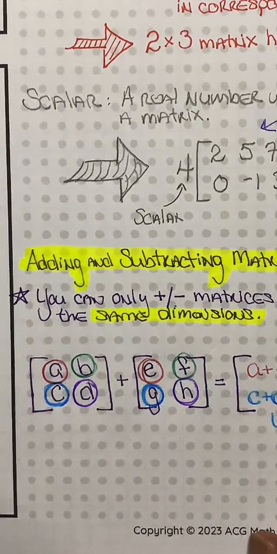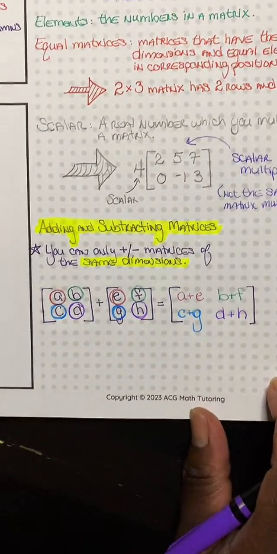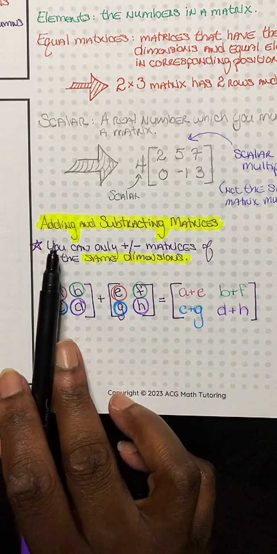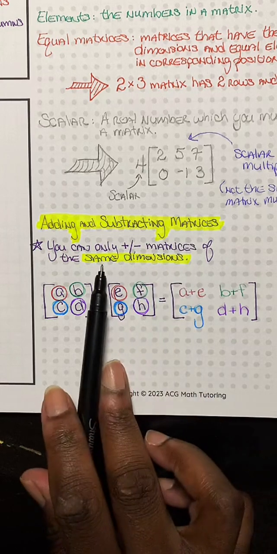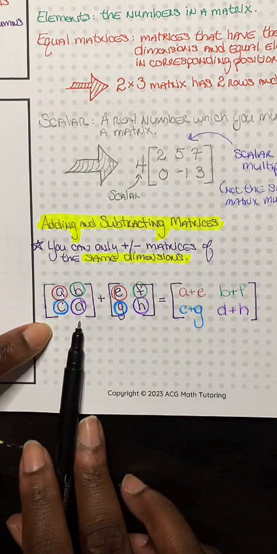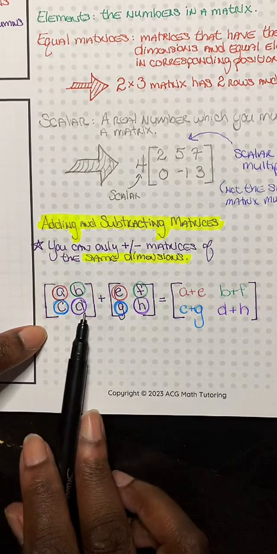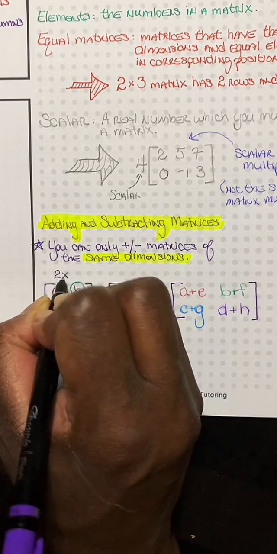If I were to add or subtract matrices, and this will save you a lot of time, the only time you can add or subtract matrices is if they have the same dimensions. If I take a look here, we have 2 rows and 2 columns. So this is a 2 by 2 matrix.